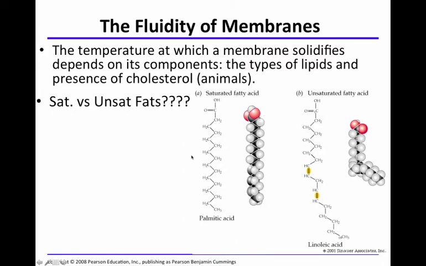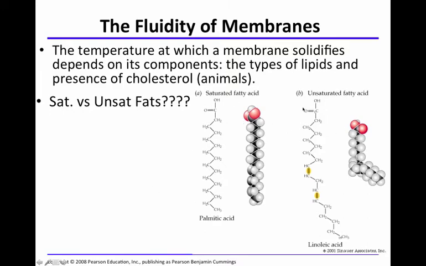That's why palmitic acid, margarine, the sticks of butter, and the lard they used to use back in the day are in solid form, because they're composed of these saturated fats.